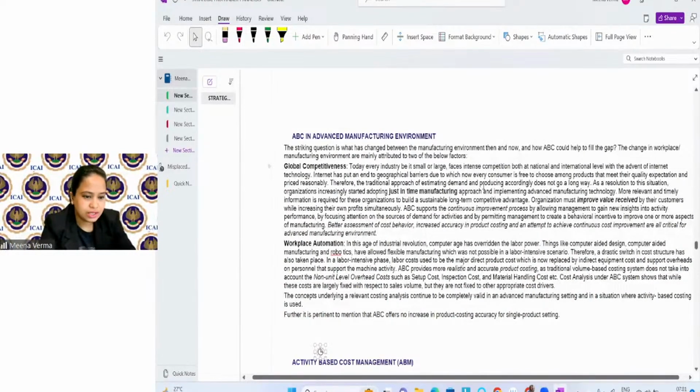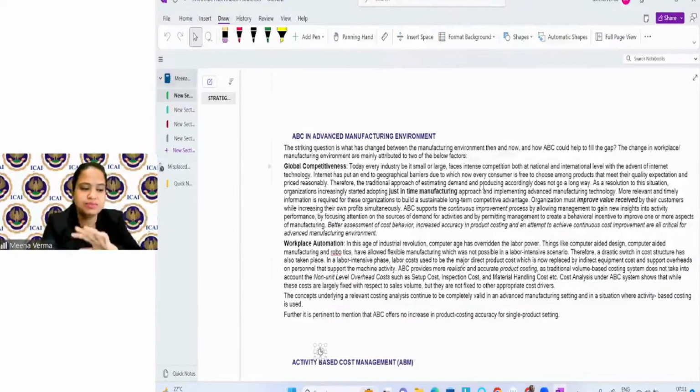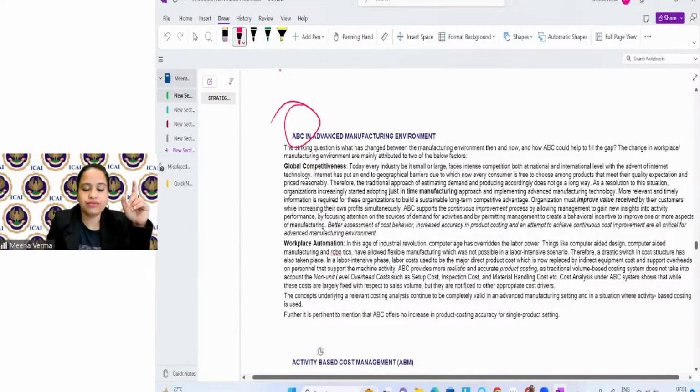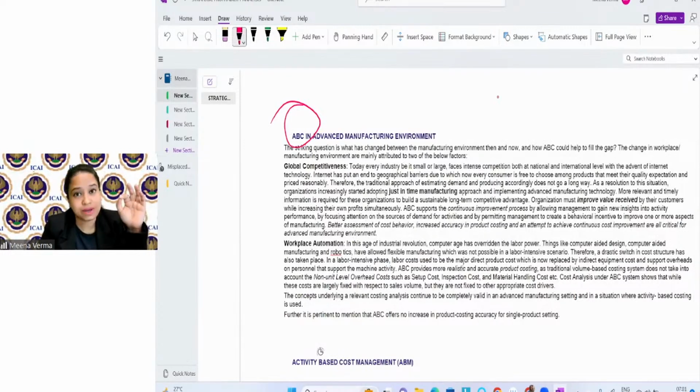You can see these days people are using technology a lot, and globalization and many other reasons. So what is happening? The traditional method of absorption costing is not good, and people have started using what? Activity-based costing. Strategically, this is the best way, because when you allocate the cost to the product using activity-based costing, it gives the right cost of the product.